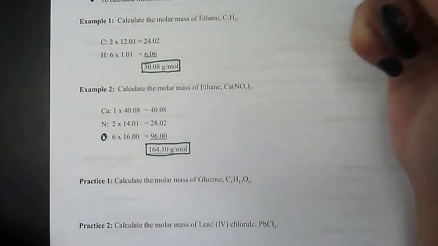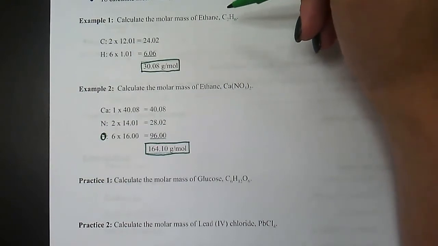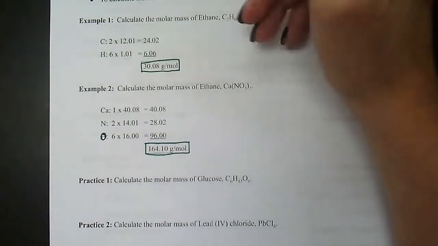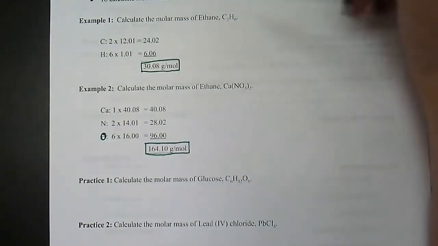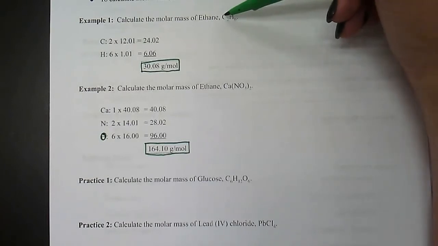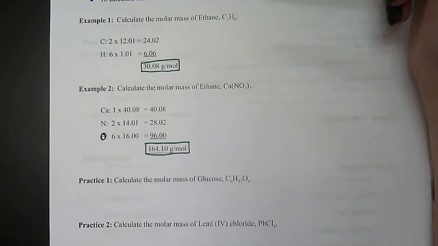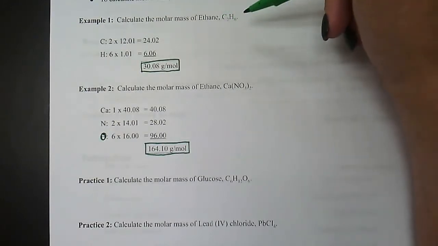We have a couple of examples here. This first example asks us to calculate the molar mass of ethane. Ethane is a compound, because it's not just one element. You have 2 carbon and 6 hydrogen, and it's wanting you to calculate the molar mass of this whole thing.